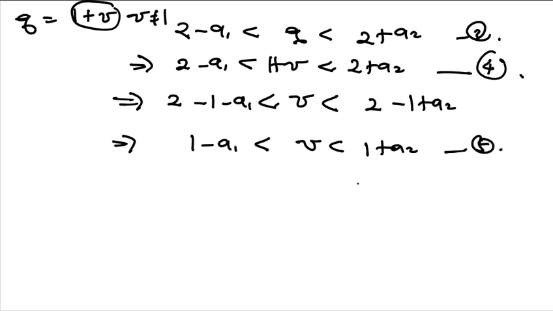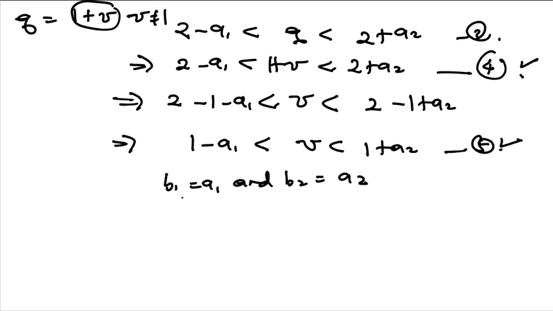Alright, so here, what we can see is that we have this and also we have this. So we have two different ways of writing. From here what we need to do is find the values of b1 and b2 such that b1 should be equal to a1, and b2 should be equal to a2.